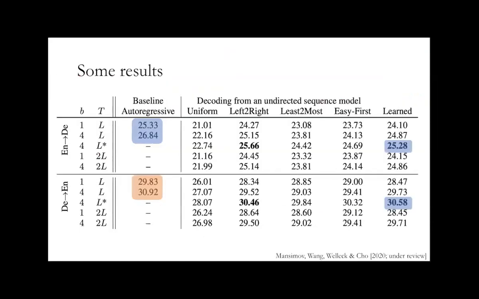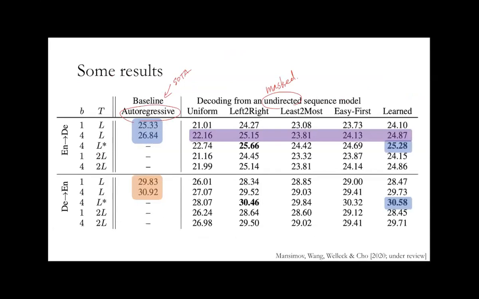So if you look at some of the results, you do see that this kind of generation from the undirected or the masked sequence models works almost as well as the autoregressive model. This is what we have learned. This is a state-of-the-art system.